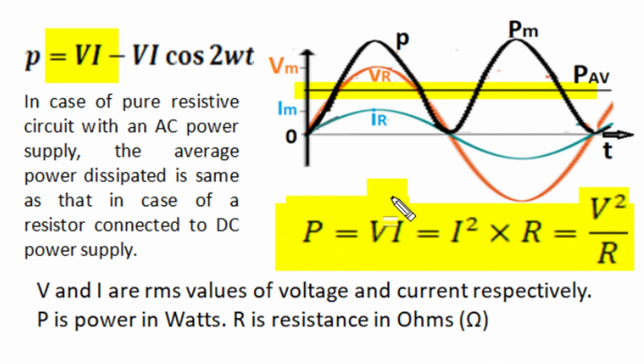The only difference is that in a DC circuit these are average voltage and average current, whereas in an AC circuit they are RMS voltage and RMS current. So only the average value gets replaced by RMS values, and the relation of power remains the same for resistive circuits in both DC supply circuits and AC supply circuits.